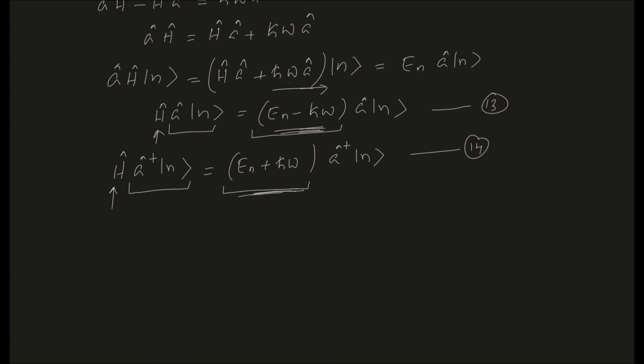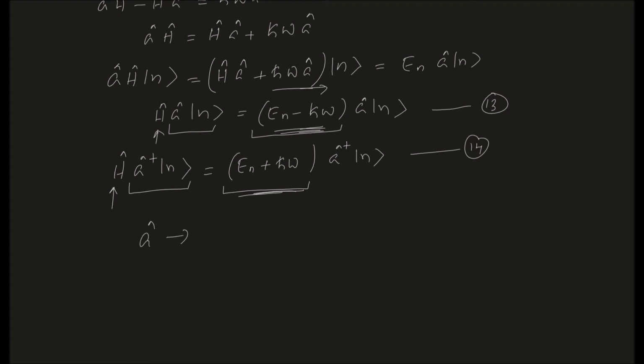So A and A dagger acting on this state |n> either lower or raise the eigenvalue by 1 unit. As a result, these A and A dagger are respectively known as the lowering and the raising operator.